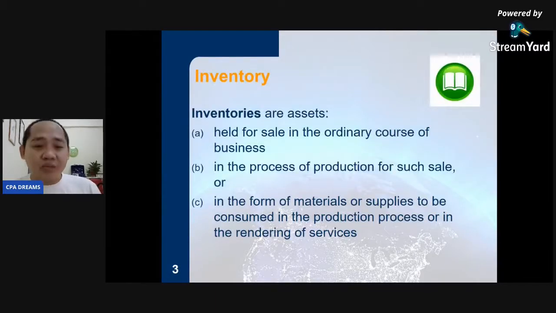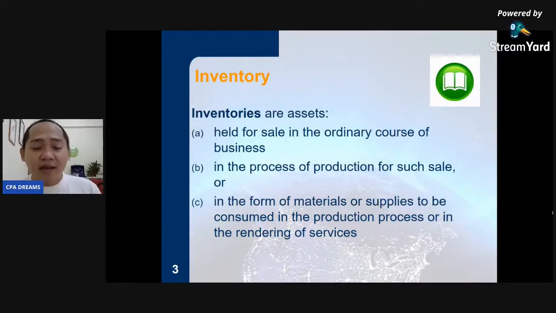Now, what is inventory? Inventories are assets held for sale in the ordinary course of business, and in the process of production, and materials or supplies to be consumed in the production process and then converted to finished goods. What does that mean? Just remember these three.